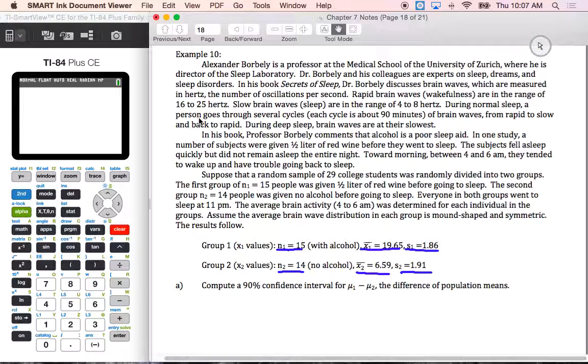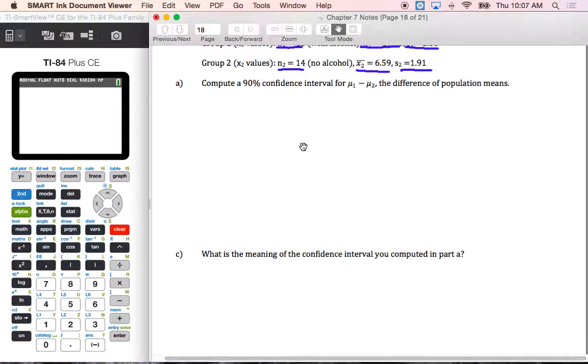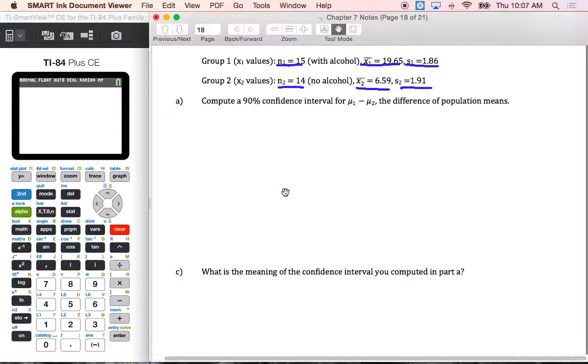So now going through these, remember, we've got to figure out what our TC is. Now, important to note, we have two groups here, so you're thinking, I've got 2 degrees of freedom. When you're trying to figure out what degrees of freedom to use, we want to go with the smaller of the two.